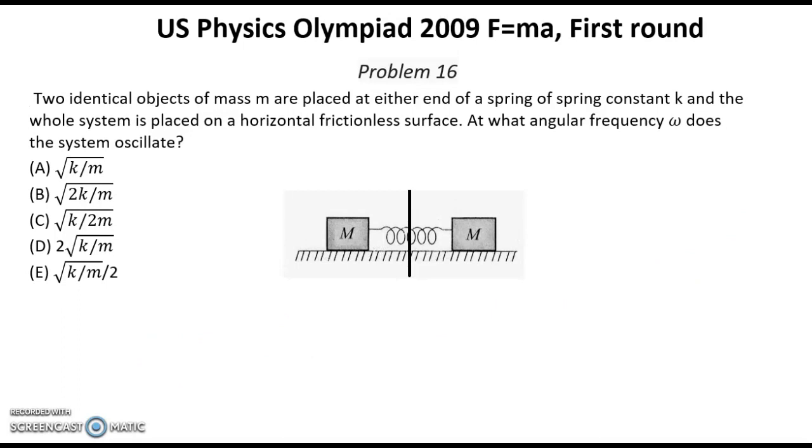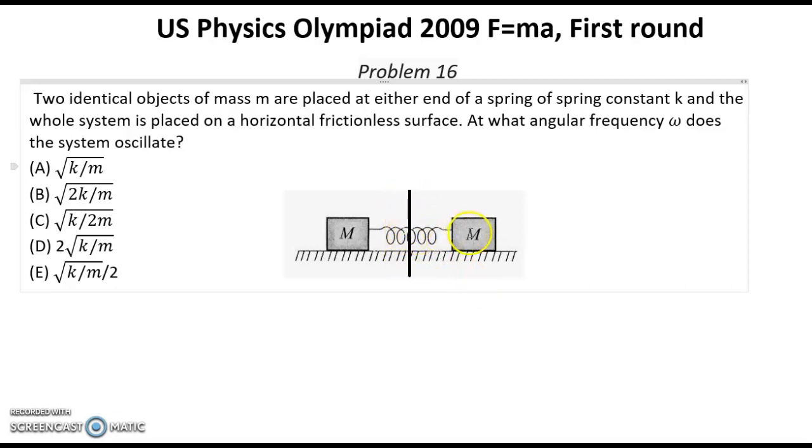On this picture we can see that if we set the system into oscillation, the center of mass will not move. It means that we can split this system in half, and each half will oscillate independently, because this wall is not moving.